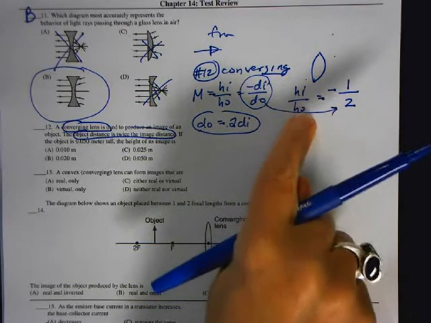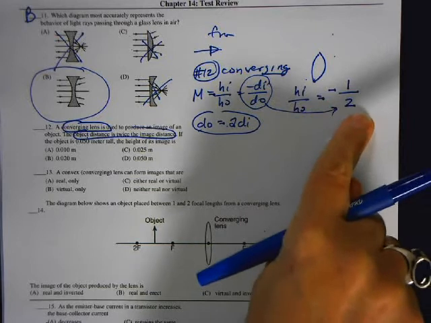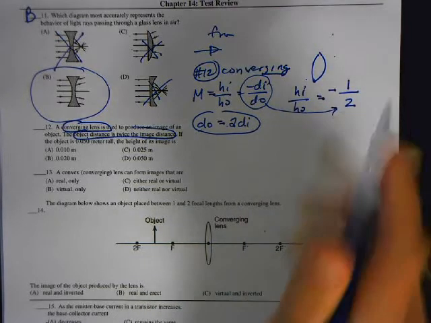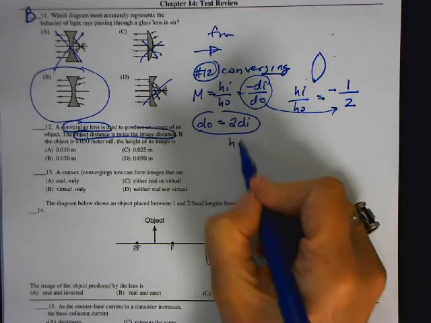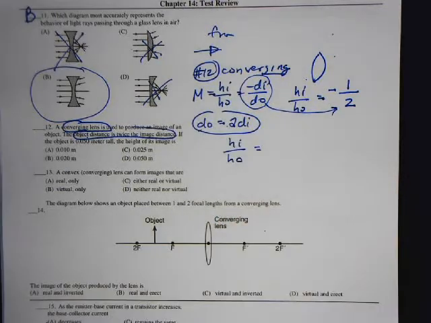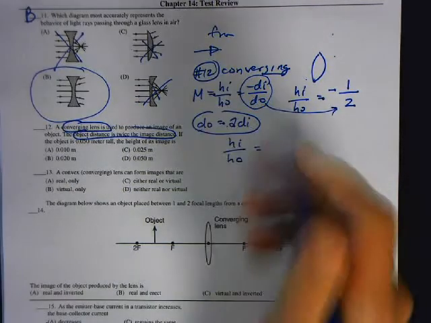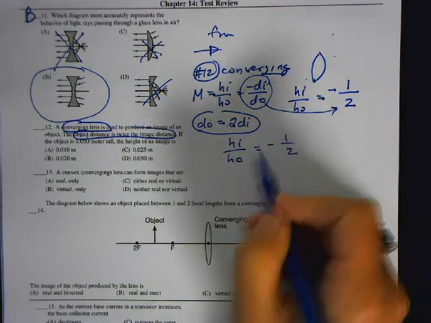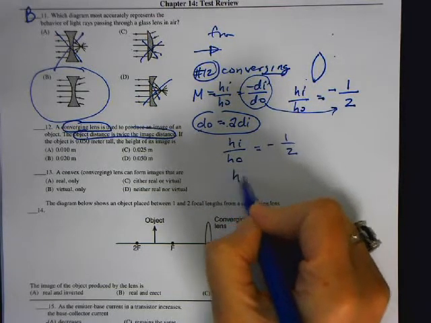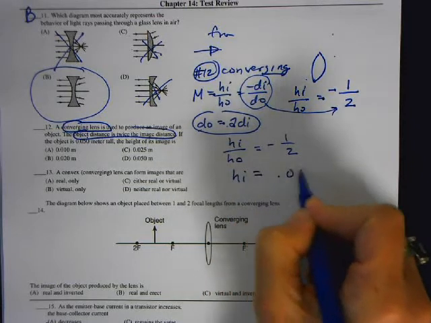So HI over HO is equal to negative 1/2. And now I rearrange this and cross multiply, so I end up getting HI is equal to 0.025 meters.